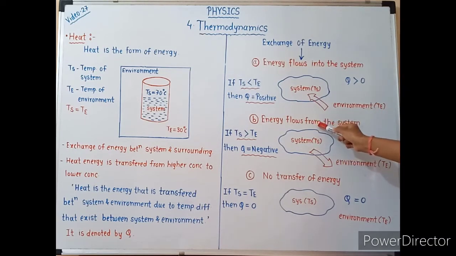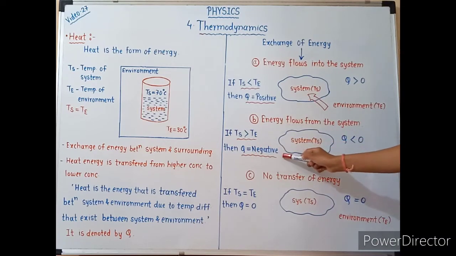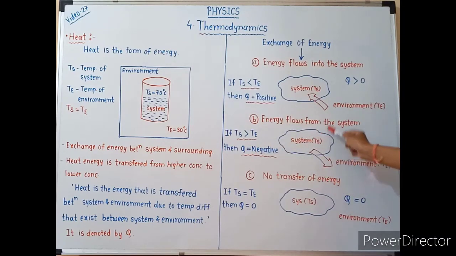When energy flows from the system, the system releases or loses the energy, and Q is less than 0. And the third case is no transfer of energy. If Ts is equal to Te, then Q is equal to 0.